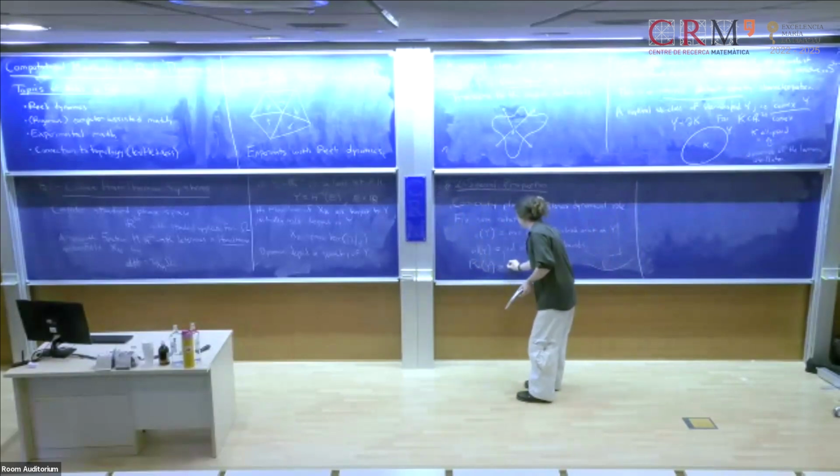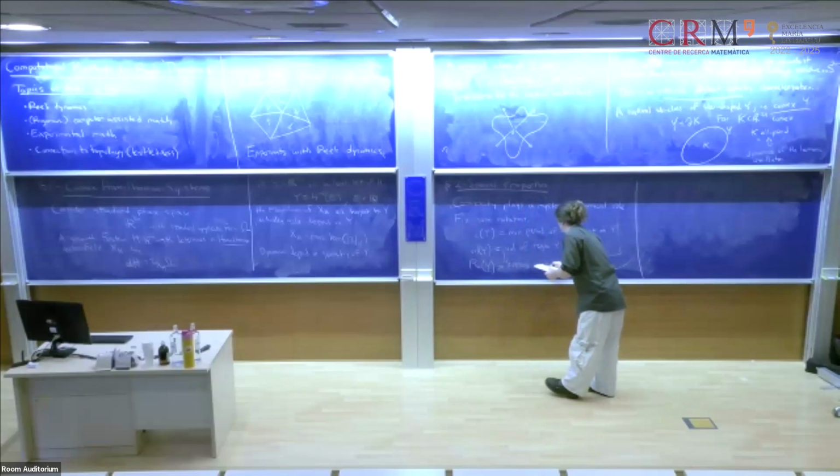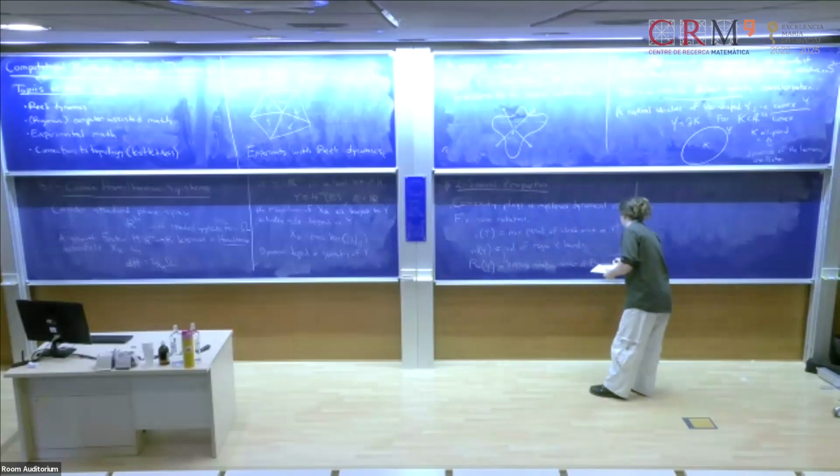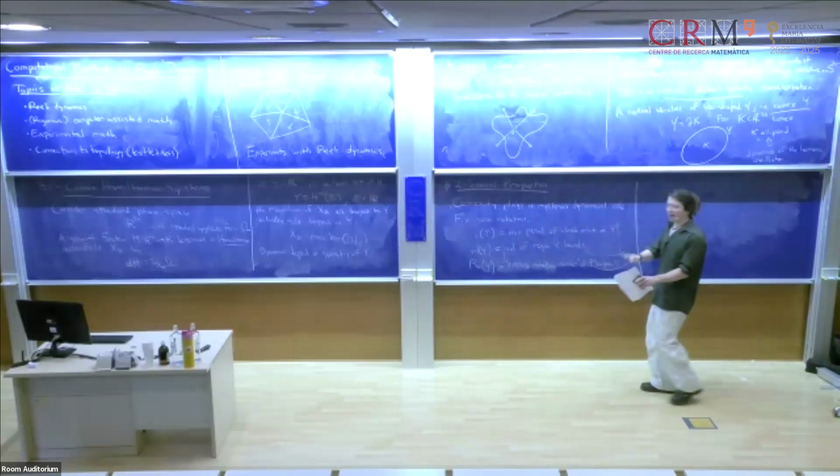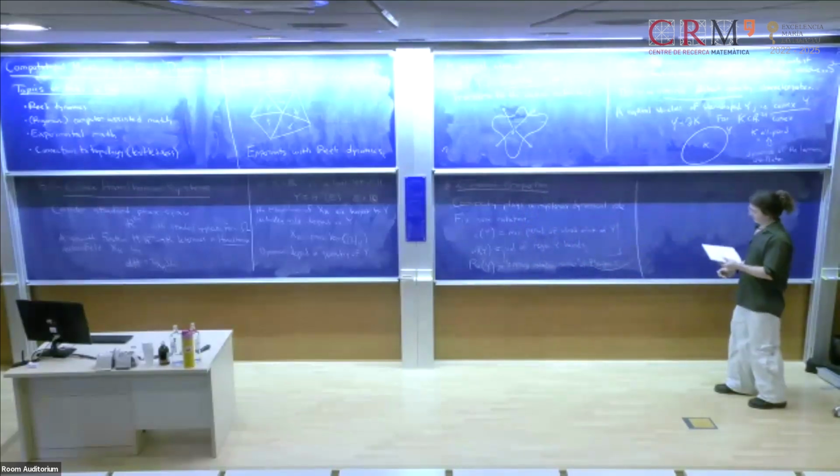The Ruel invariant is something like an average, I'll put this in quotes, some kind of average of the flow, a spatially averaged rotation number.